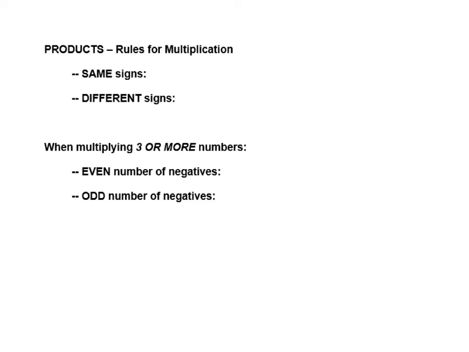Moving on to our rules for multiplication. If you are multiplying numbers with the same sign, your answer will be positive. So for example, 2 times 3 equals a positive 6.